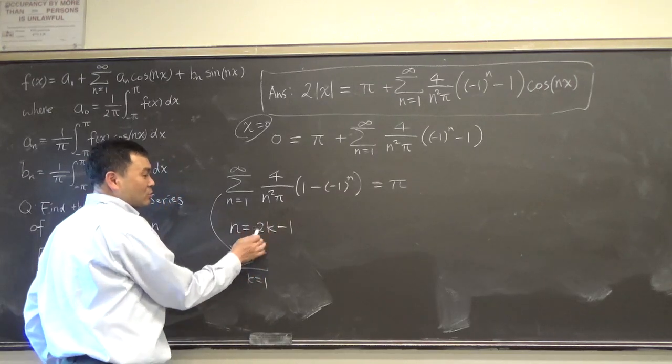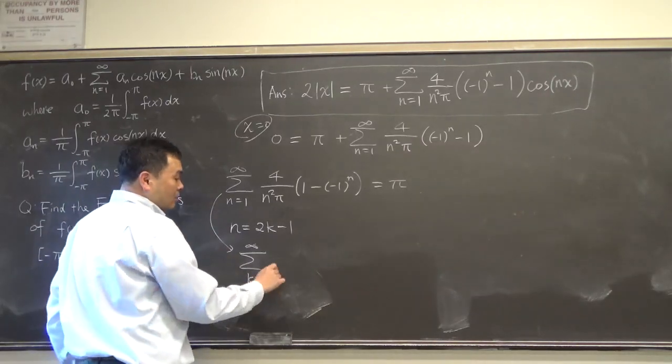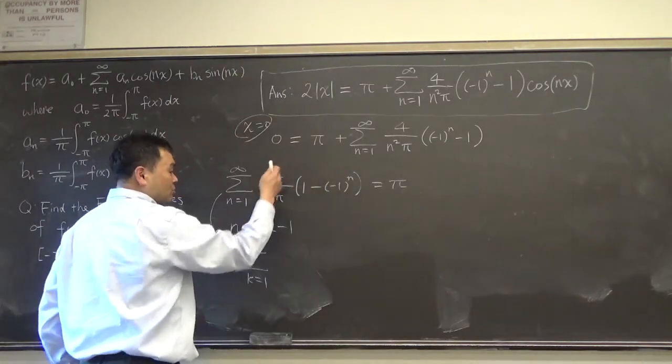When k is 1, you get 1, and when k equals 2, you get 3, so starting from 1 you get all the odd numbers. This becomes 2, so 2 times 4 would be 8.